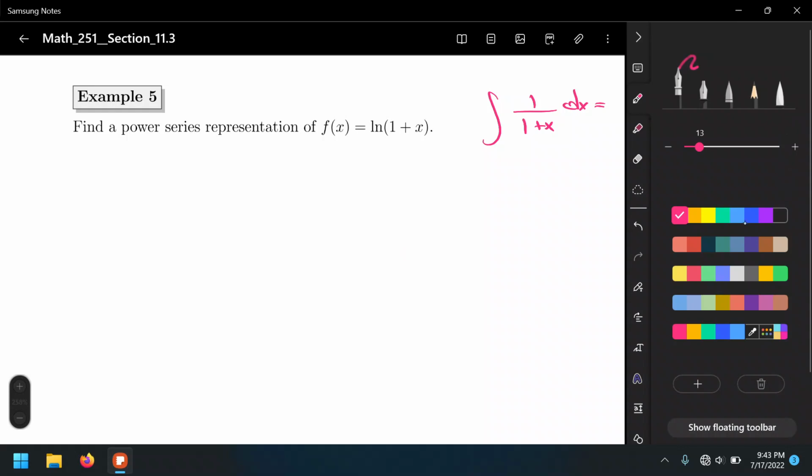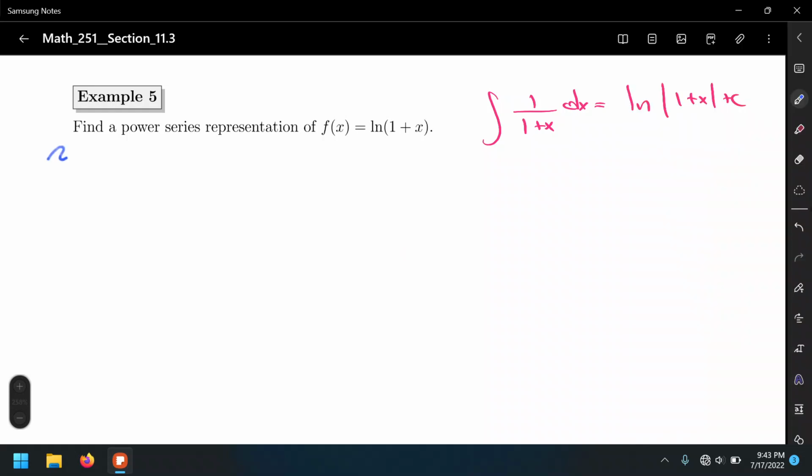Let's see. So number 1, that's 1 over 1 plus x, isn't it the same as 1 over 1 minus negative x, which in sigma notation is the same, n equals 0 to infinity of negative x to the n.